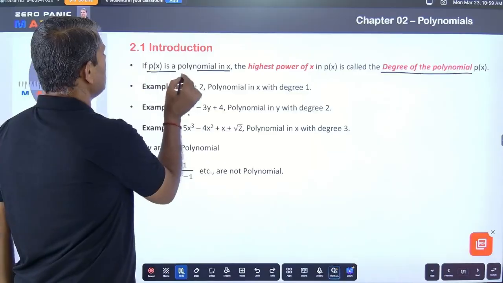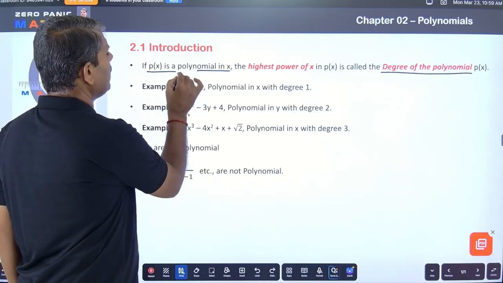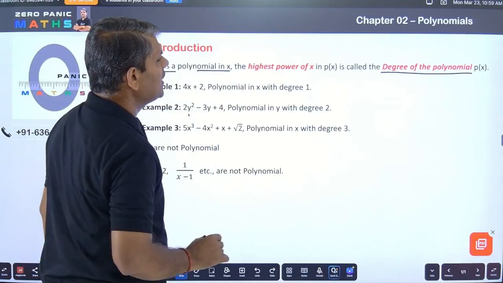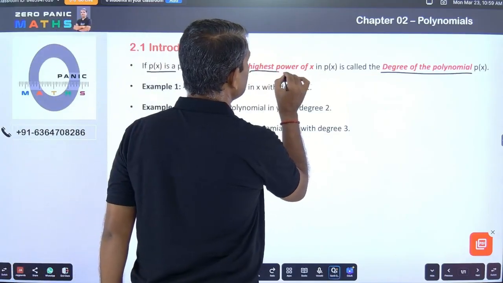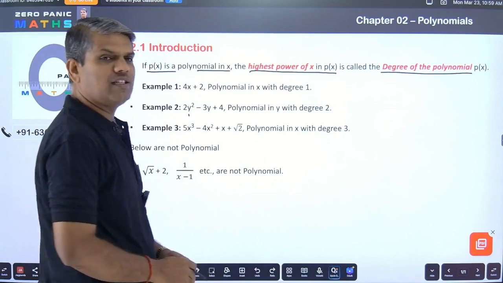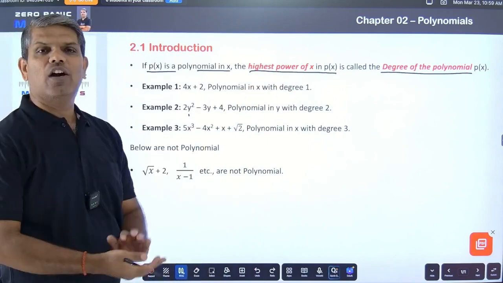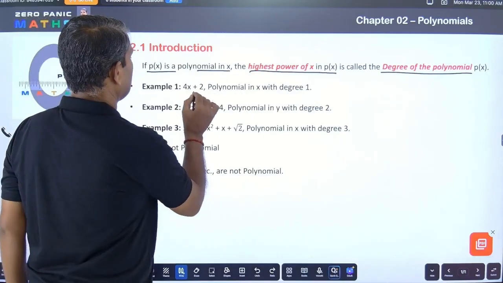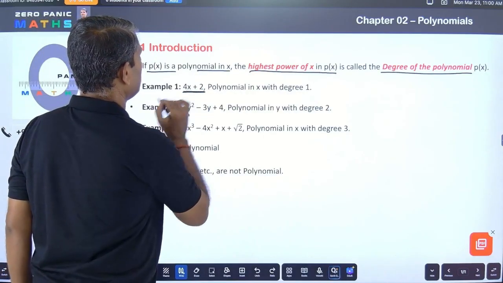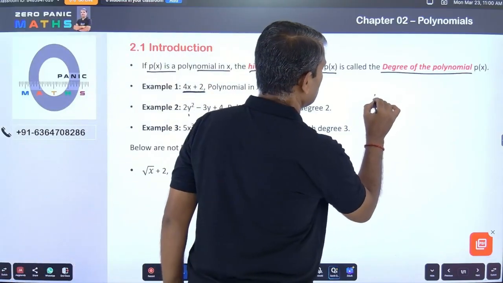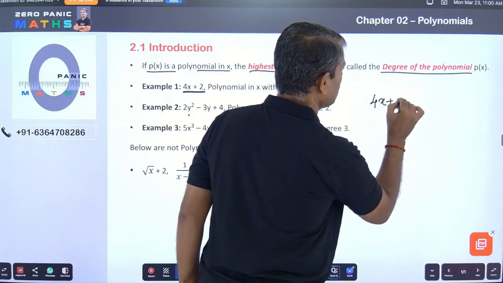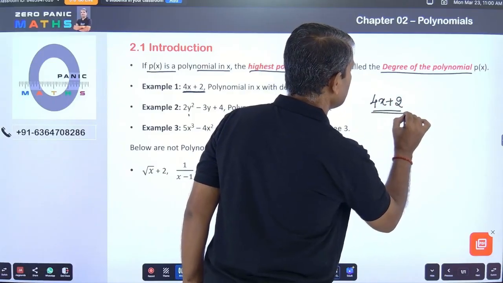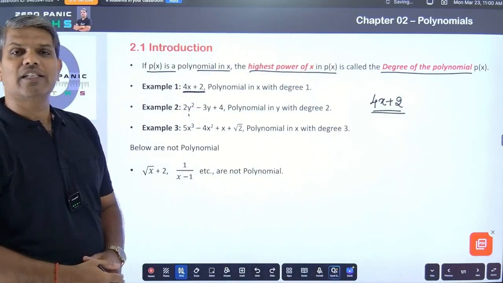In general, if p of x is a polynomial in x, then the highest power of x in p of x is called the degree of the polynomial. An example given here is 4x plus 2. As I have already explained, an equation with more than one term is a polynomial.